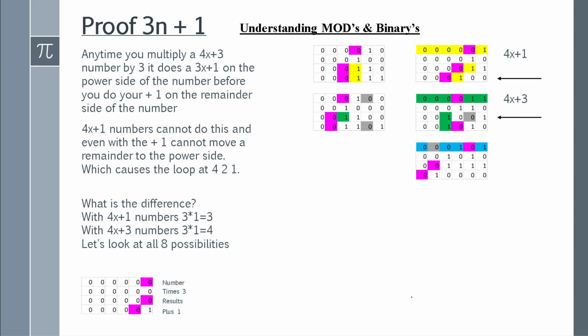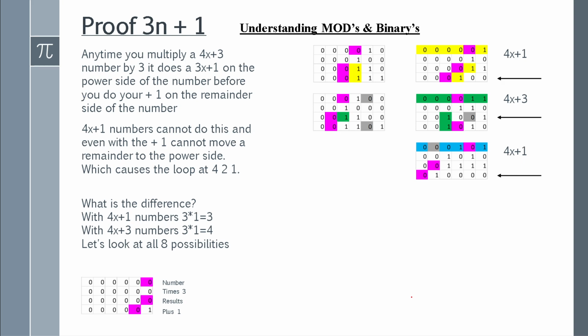5 is the same as 1. It's a 1 mod 4 number. But the power position is going to have a larger change, right? We're going from slot 2, and in this case, to slot 5, and then slot 6 after we add 1.